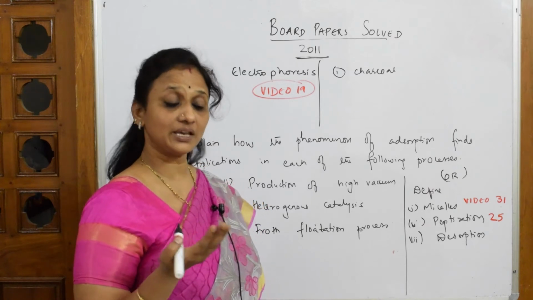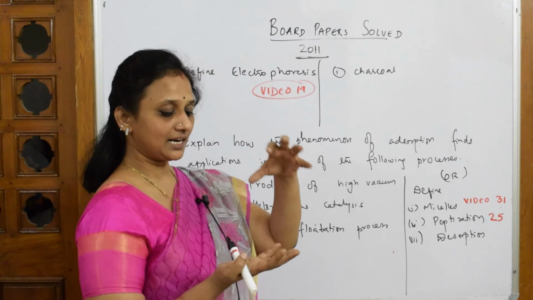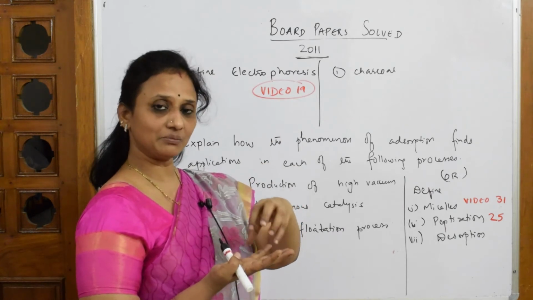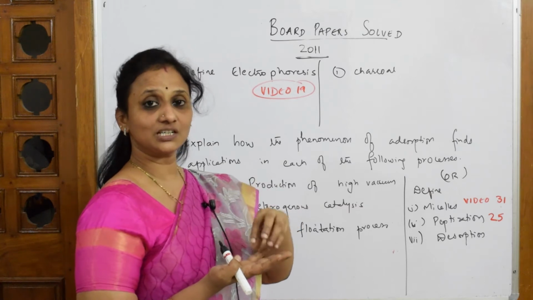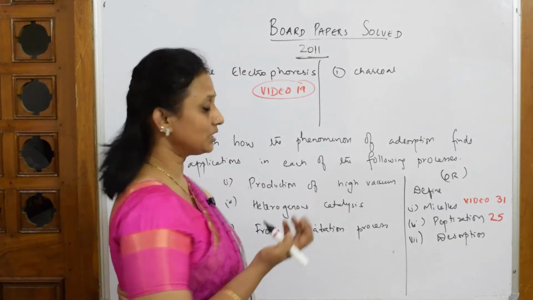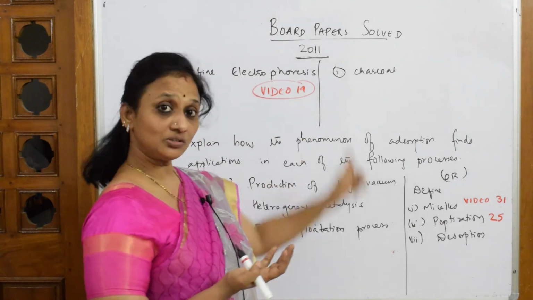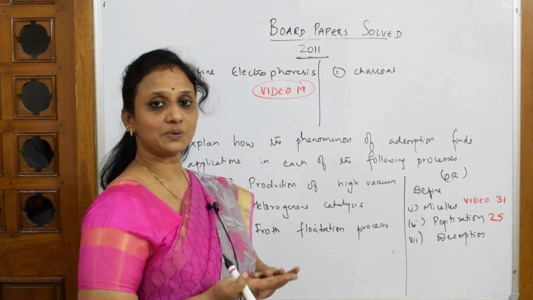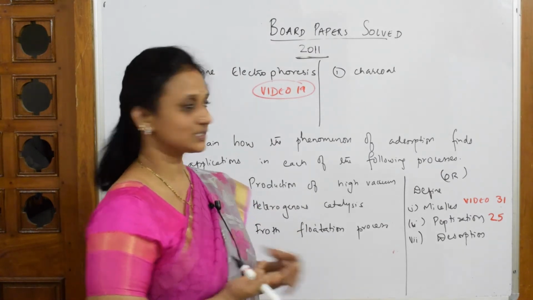When does it adsorb air? When I'm supplying high vacuum, and that high vacuum allows the air or dust particles to settle on the charcoal. So are we not using the concept of high vacuum? You're producing the high vacuum so that on the surface of charcoal, your dust particles or smoke get adsorbed. So it's easy for us to remove it.